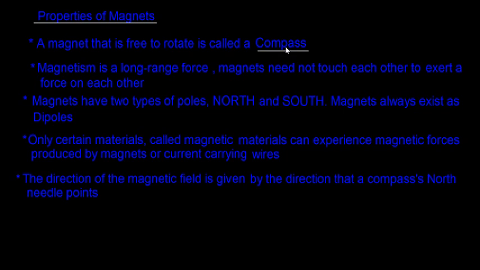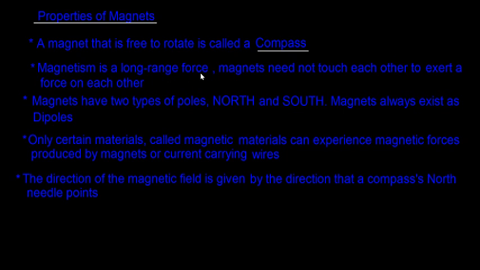So in this device, a small magnet is pivoted so that it can rotate freely, and each compass has a magnet which in turn has two poles, north and south. And interestingly, the north pole of the compass points towards the Earth's geographic north, which is the Antarctic.